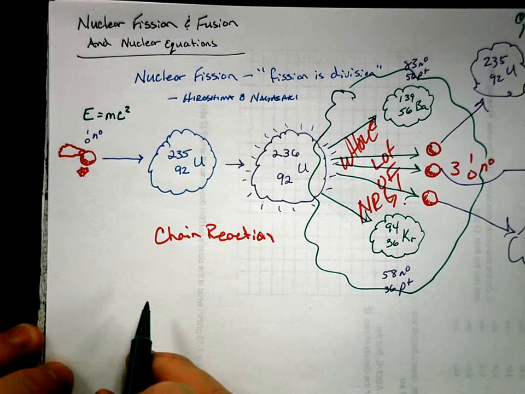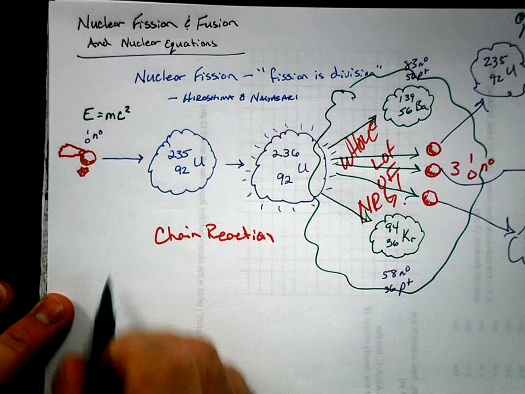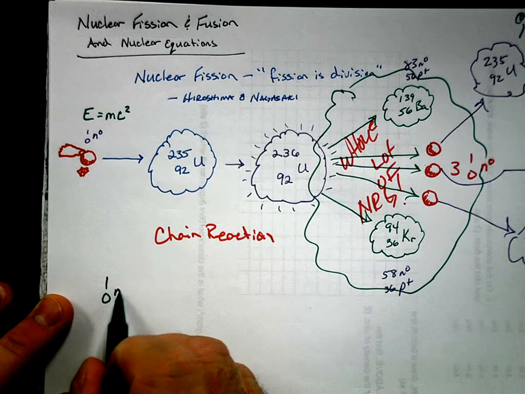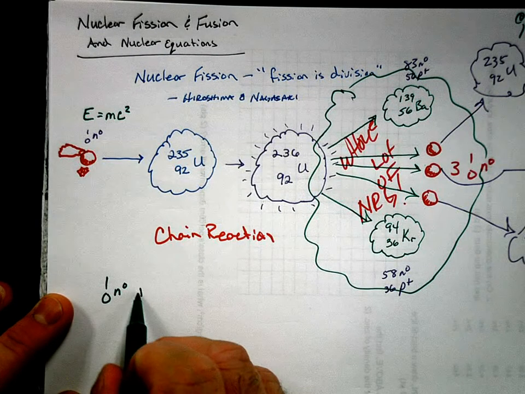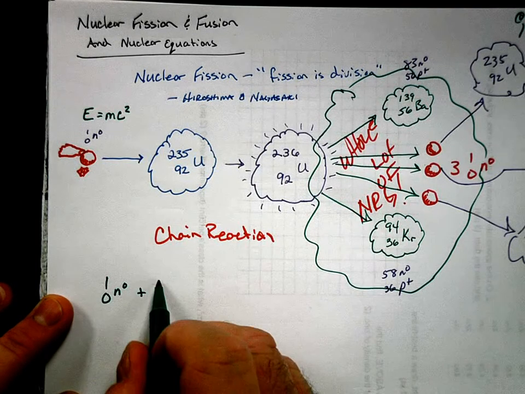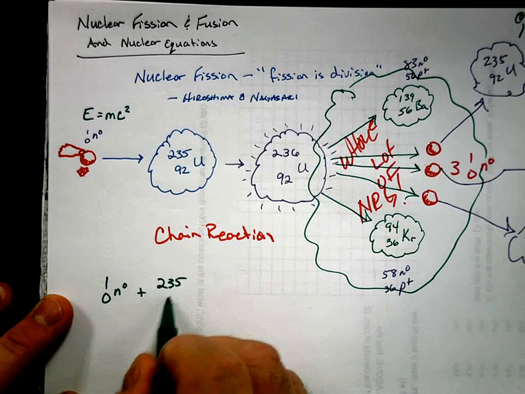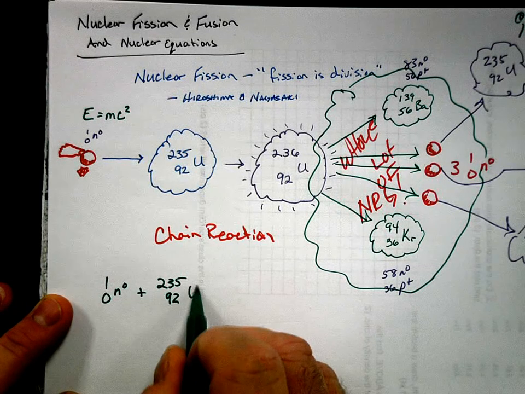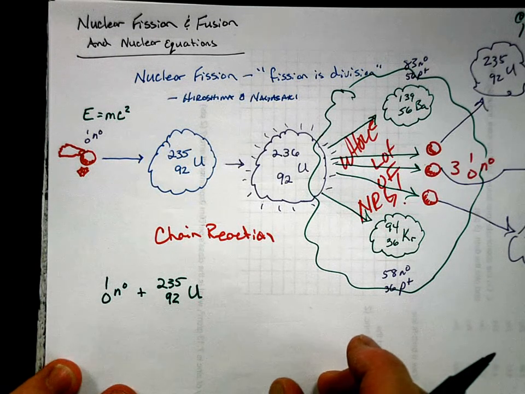We start with 1 neutron, and it collides with a uranium-235.